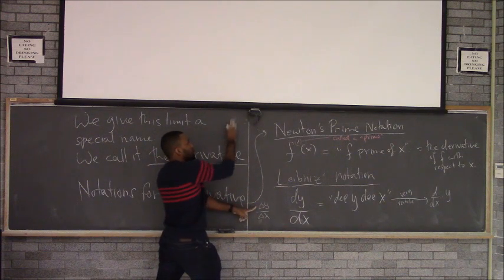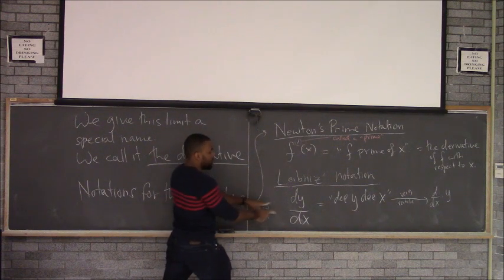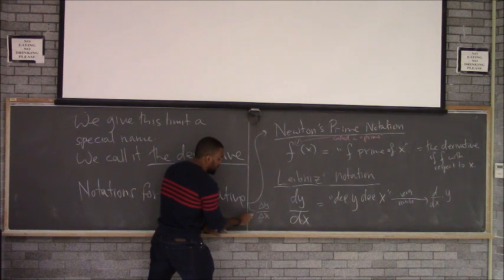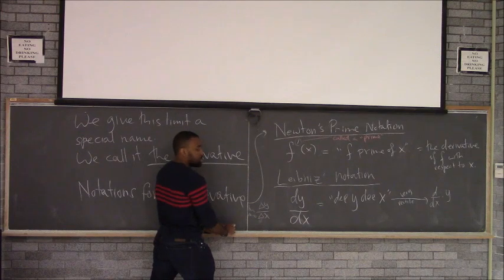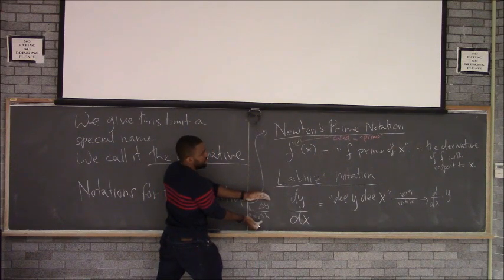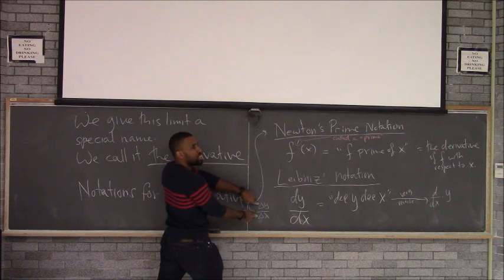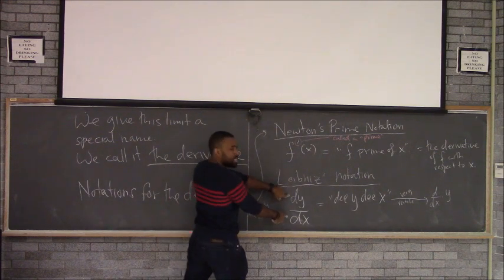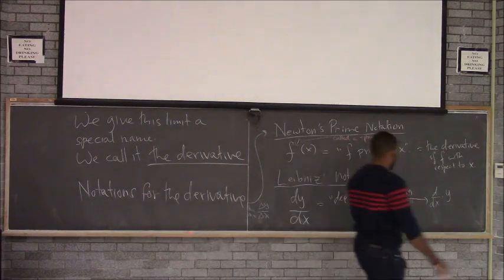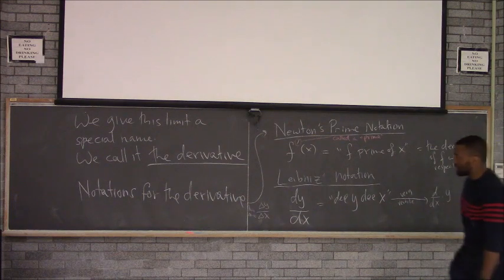And so it's just like he replaced the delta with a d to represent the fact that he's taking the limit as delta x approaches 0. So this is another way you can look at the difference quotient limit that gives you the derivative. But to represent that something special happened to the changing y or changing x, instead of the uppercase Greek letter delta, he used the lowercase English letter d. So yeah, it's a very versatile kind of notation.